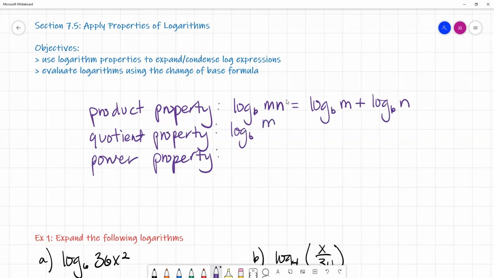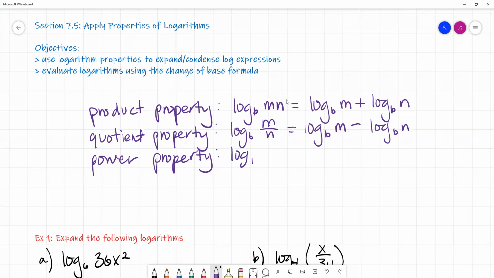So then the next property is the quotient property. If I have two things being divided inside the log like so, then it's going to be pretty much the same thing, except it's going to be log base b of m minus log base b of n, okay? And so same idea, right? I can go forwards or backwards with all of these properties. Last thing is the power property.